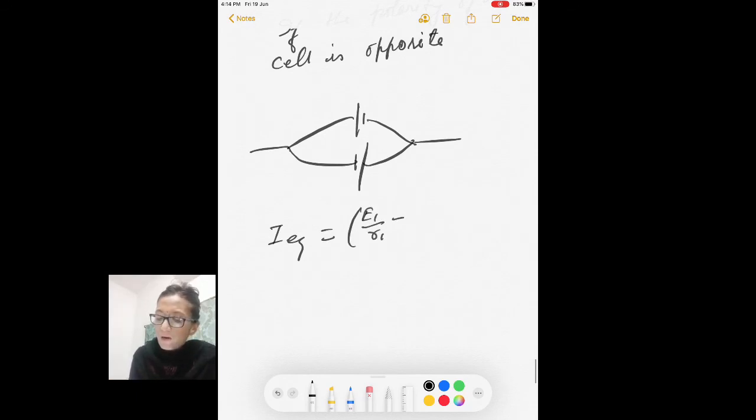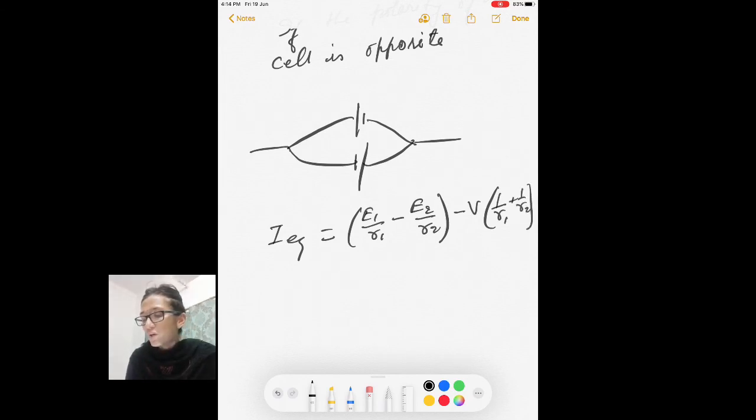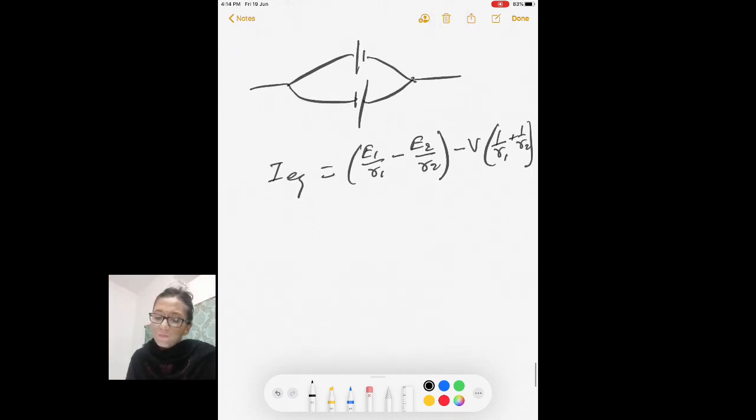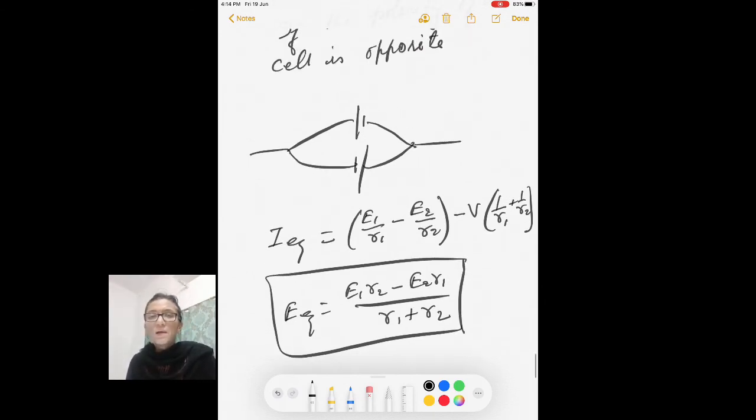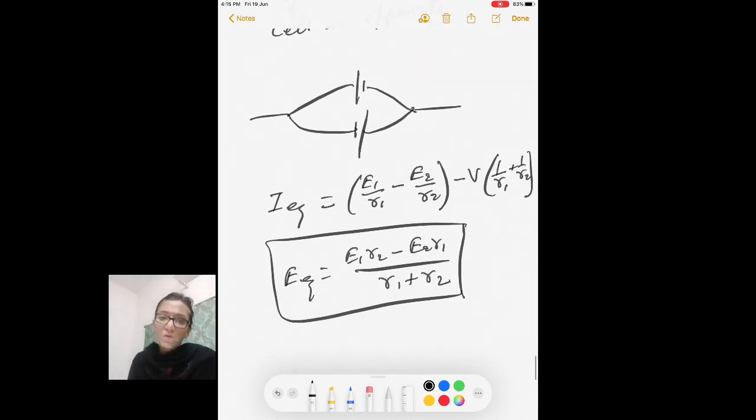E1 upon R1 minus E2 upon R2 minus V into 1 upon R1 plus 1 upon R2, okay, the resistors do not change with the change of polarity, so it will remain the same. And E equivalent can be written as E1 R2 minus E2 R1 upon R1 plus R2. So this way you will be doing the combination of the cells. There are so many questions, so we will discuss in next class.